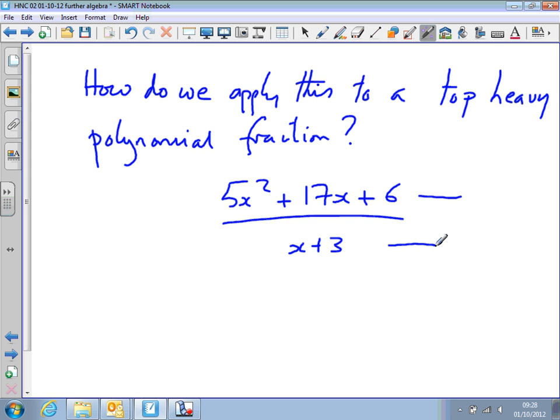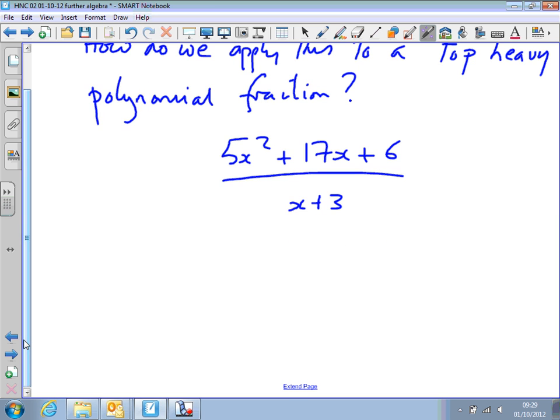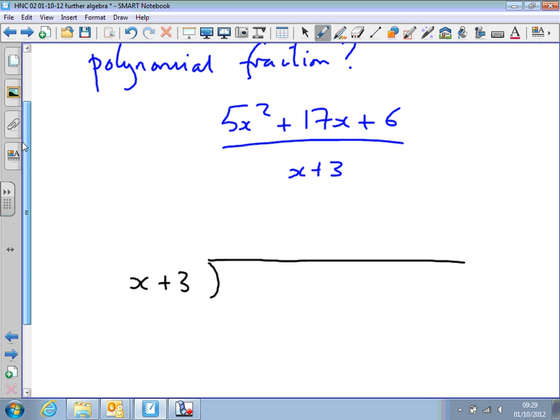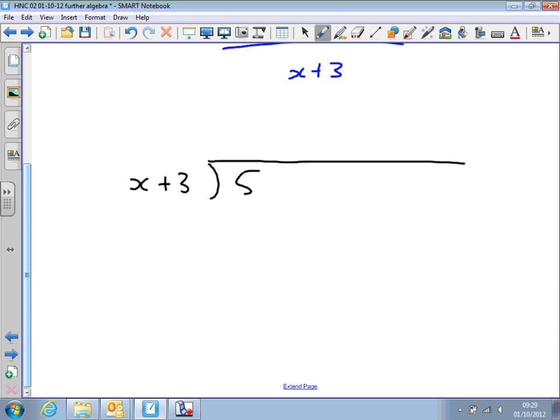So the first thing we do is set out the division, x plus 3 into 5x squared plus 17x plus 6. So, x plus 3 into, and then we write the polynomial expression on top inside here, 5x squared plus 17x plus 6.